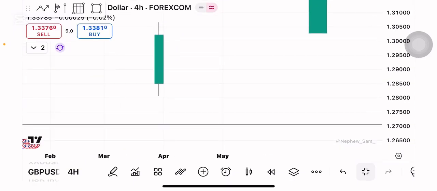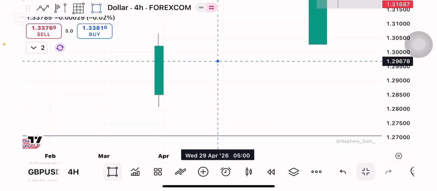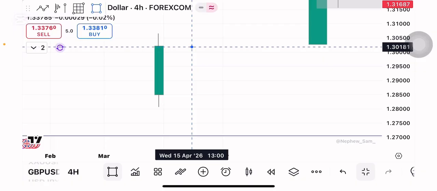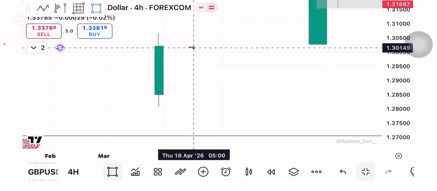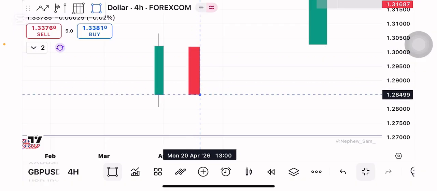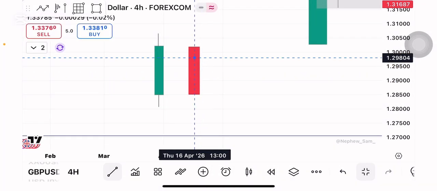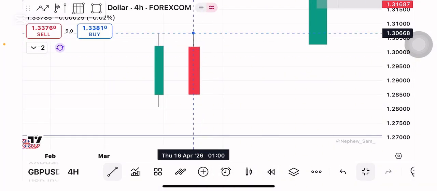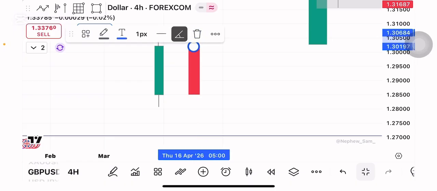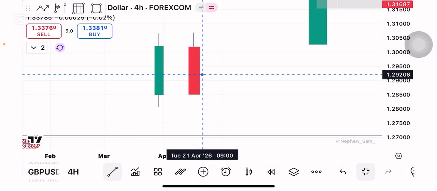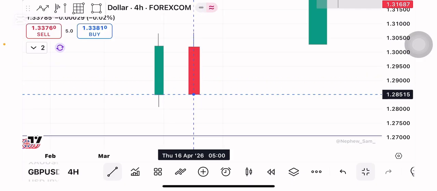While a bearish candle is the opposite. A bearish candle has its close below its open. Let me draw it with a wick. Bearish candle.